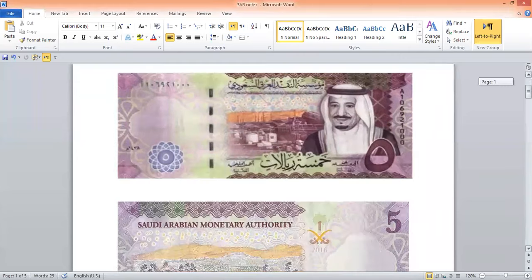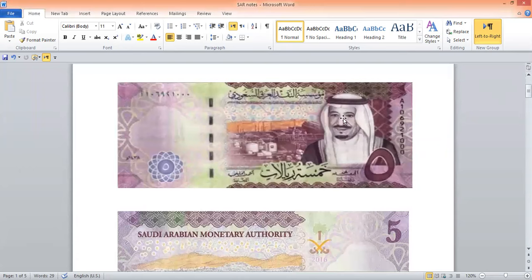You normally use the 1 real coin also, and this is the currency note of dash. Yes, guys, can you identify this currency note? Yes or no? Five. This is a currency note of 5 real.